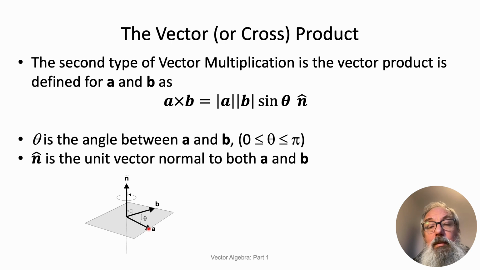If we've got A and B in a plane, then n hat, the vector result of A and B, will be a vector normal to that plane, which turns out to be extremely useful in geometry.